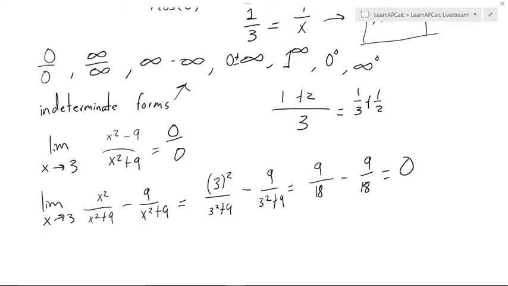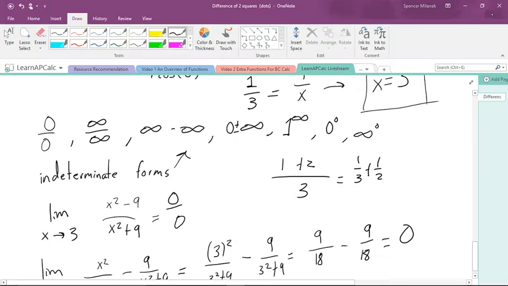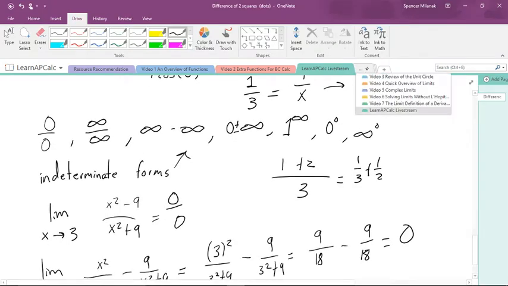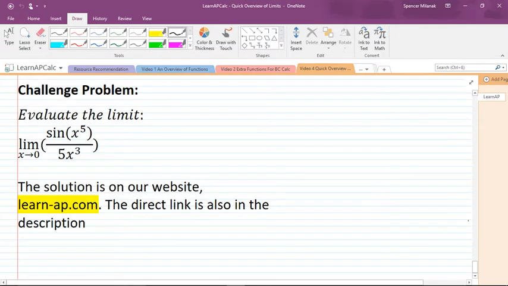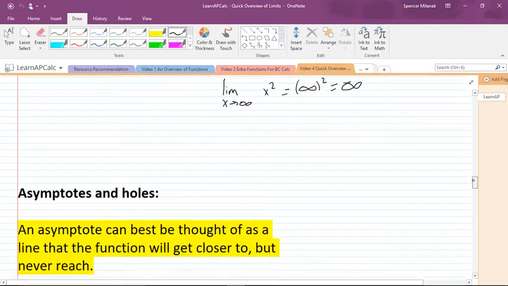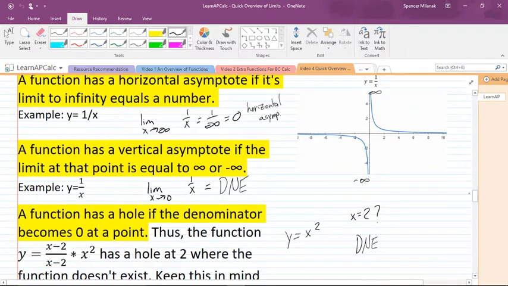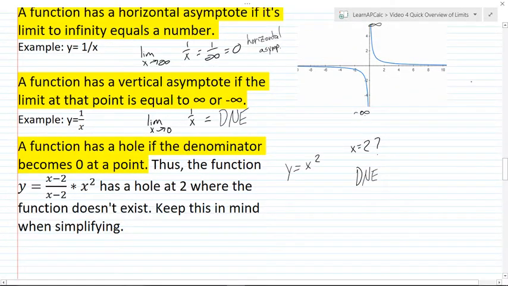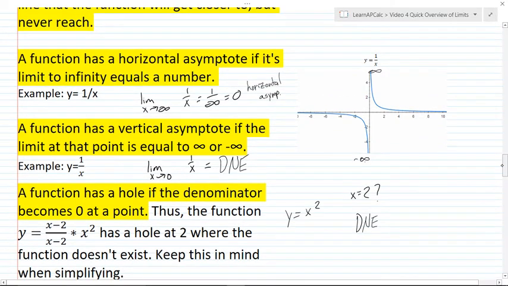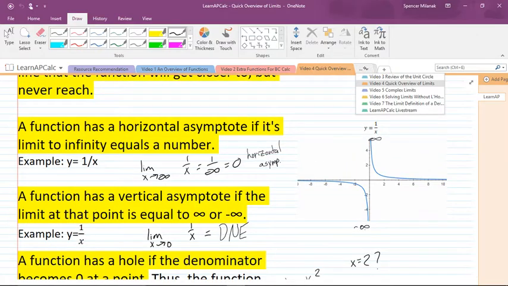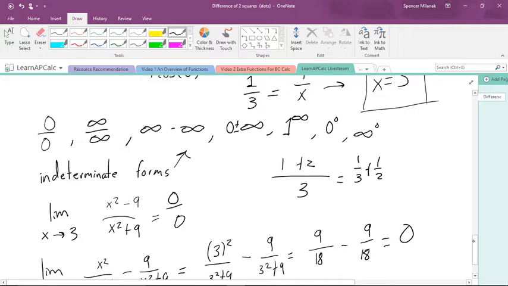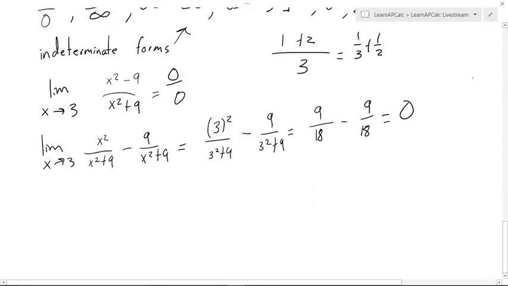A good way to do it is to just know end behavior. And I talked about this a little bit in I believe the fourth video. So if you remember this, we have a horizontal asymptote. I'm sorry, don't forget about that. End behavior would only work if we were going to infinity.